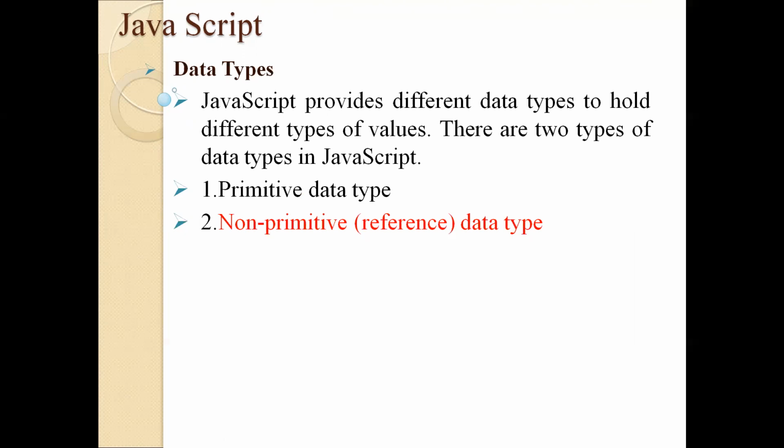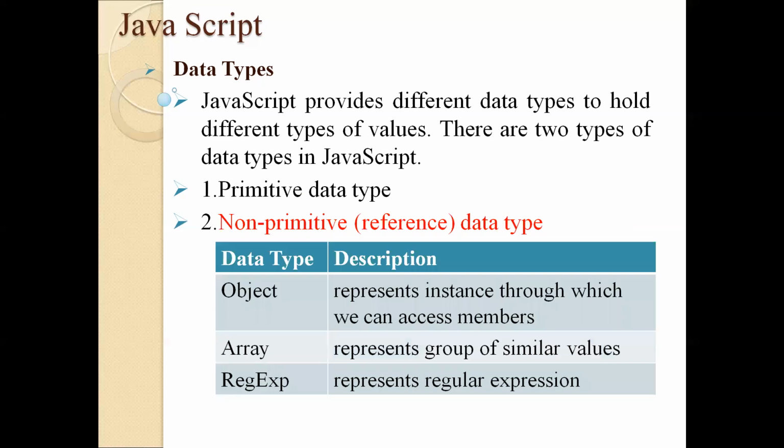So these, as I said earlier, are called references. The things which we use for reference are called non-primitive data types in JavaScript. There are three non-primitive data types supported by JavaScript: object, array, and regular expression.